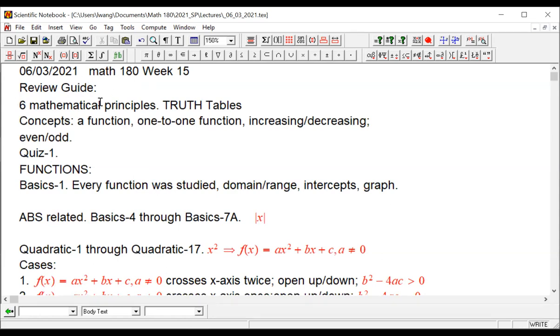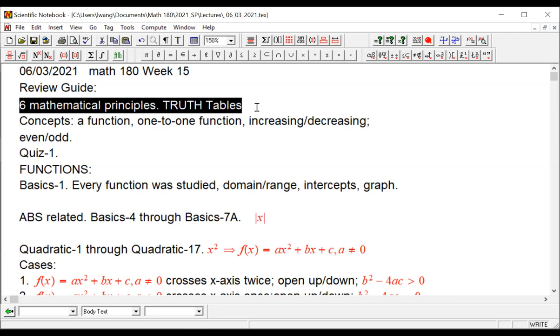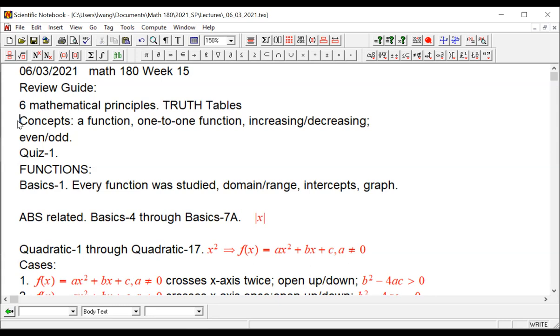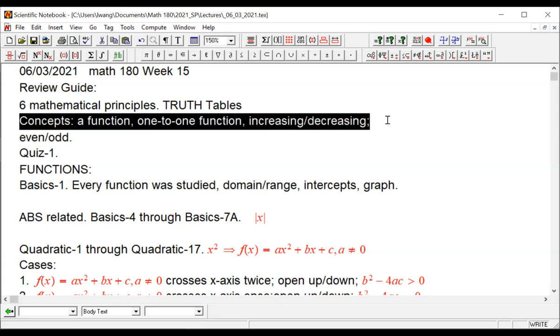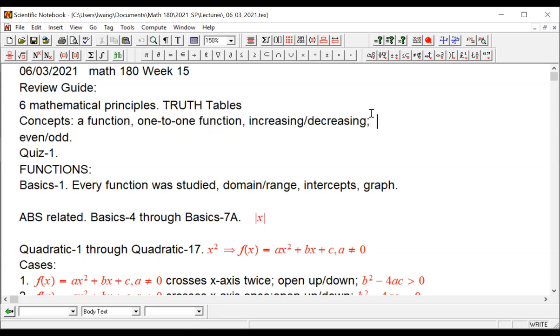From beginning to end, the definitions are definitely very important. There are 6 mathematical principles that we see permeating the entire course, as in fact they permeate the entire field of mathematics. The concept, okay, the concept on notes, page number 2, right? So these are page number 1.